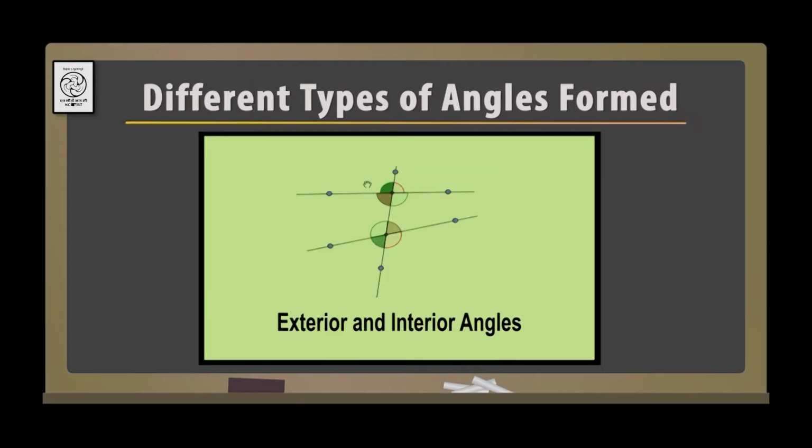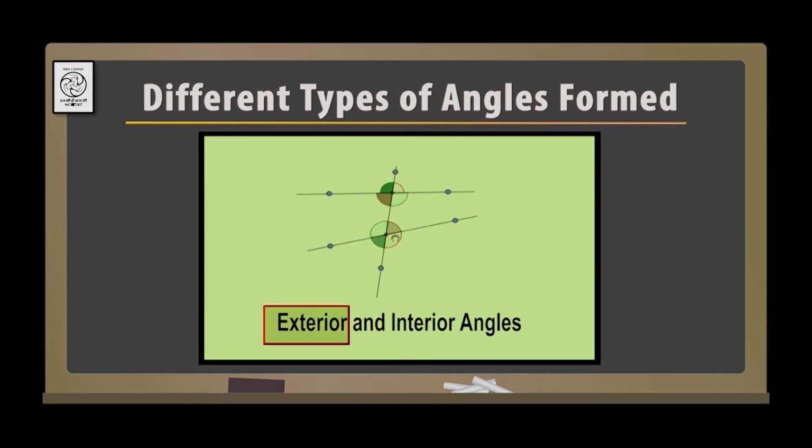The next definition is for exterior angles and interior angles. We have two lines intersected by a third line, which is known as a transversal. When this transversal intersects these two lines, we have two angles formed in the exterior part, that is the green and the pink.